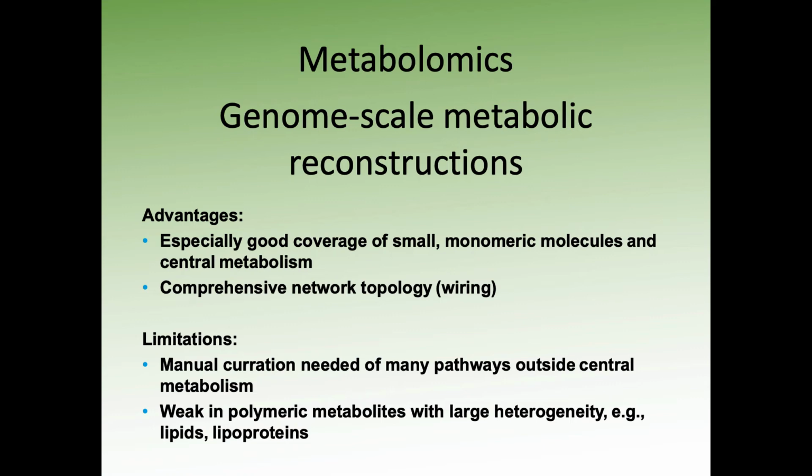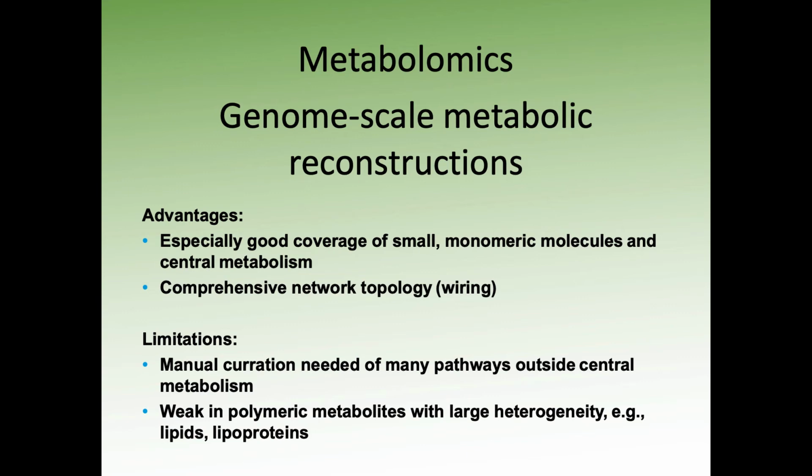They tend to be comprehensive network topologies, so they really are generating all of the interactions between different modules and networks. But there are a lot of limitations to this approach.